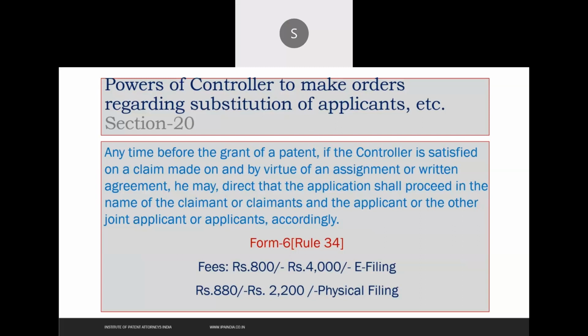Sir, one question. What is substitution, sir? You are changing. The substitution means originally the applicant was Mr. A, and Mr. A assigned his patent to, for example, Messrs. ABCD Private Limited Company. According to the assignment deed, the ownership is transmitted to Messrs.